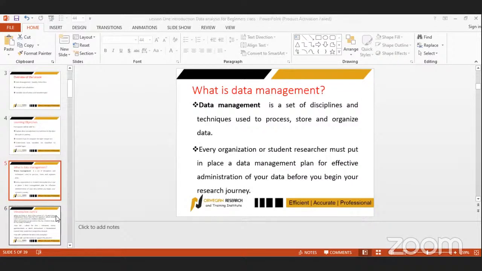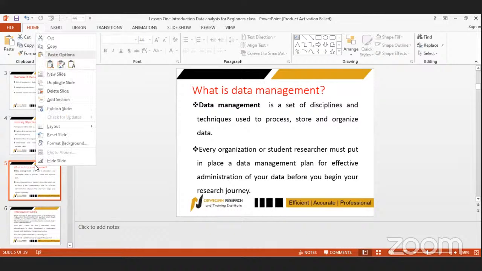So, well and good. We now want to move straight to the core content of the class, and we want to start with the concept of what is data management. Data management is a set of disciplines and techniques used to process, store, and organize data.